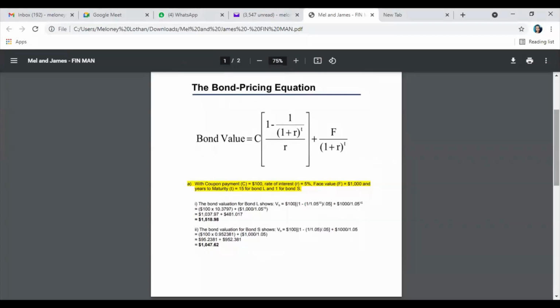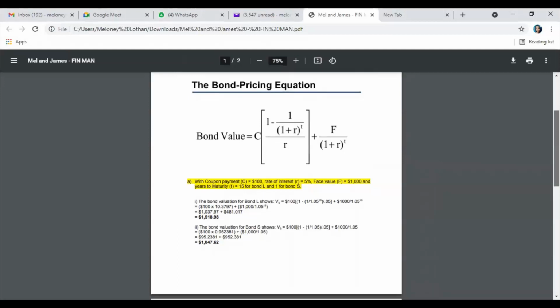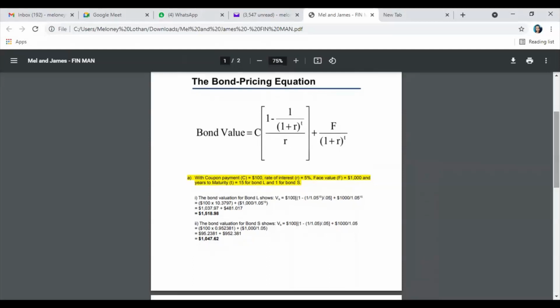In this formula, we see the bond value equaling the coupon rate times 1 minus 1 upon 1 plus the interest rate raised to the year of maturity, divided by the interest rate. And then we'll add that to the face value divided by 1 plus the interest rate raised to the years to maturity.